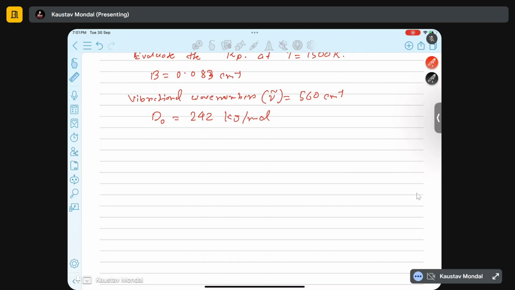So these are the values that are given. Now from all this information we are going to calculate.